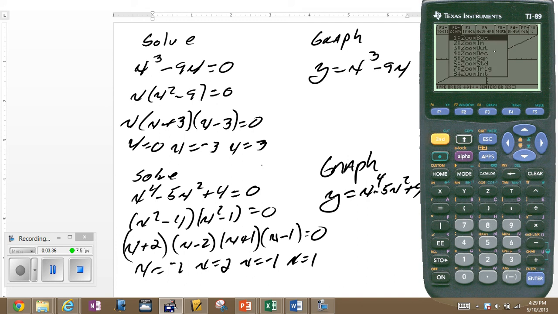No zoom standard. Sometimes you might want to zoom in, zoom out. We'll go over that later, okay? But right now, you'll opt for zoom standard, option 6, to give you what effectively is a window spanning 10 units in x, 10 units in y, in positive and negative direction.